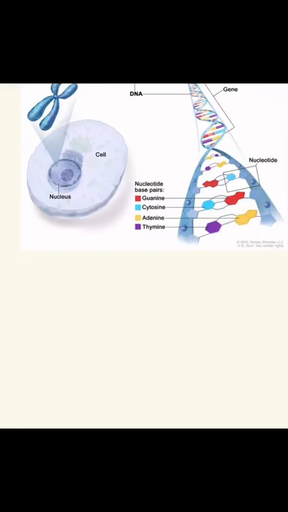Now there's also a region of DNA called the promoter region. The promoter region is a series of bases called the TATA box. It's just a series of different types of bases, so TATAAA.